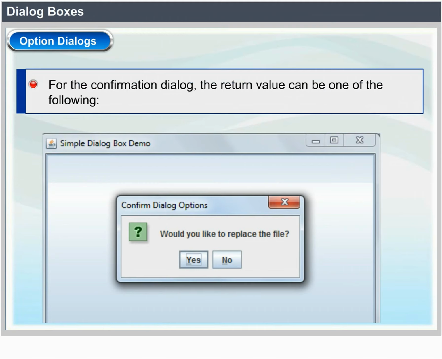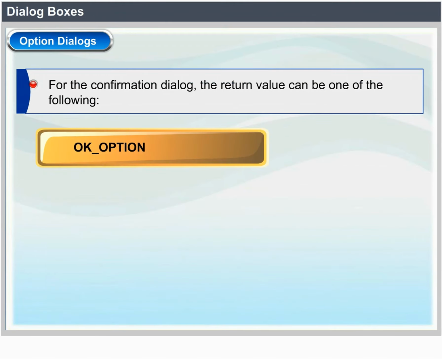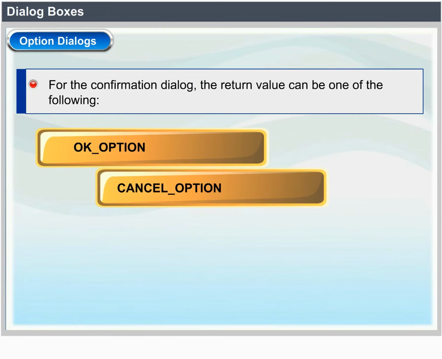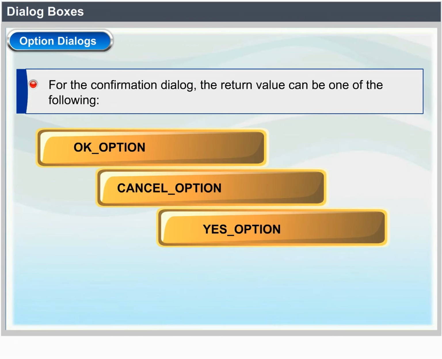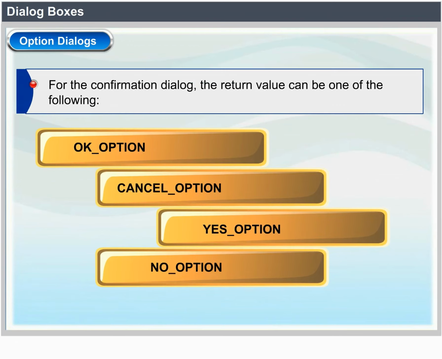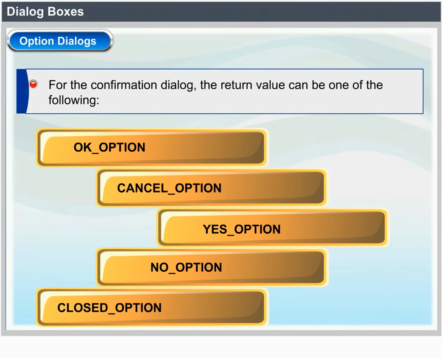For the confirmation dialog, the return value can be one of the following: OK_OPTION, CANCEL_OPTION, YES_OPTION, NO_OPTION, and CLOSED_OPTION.